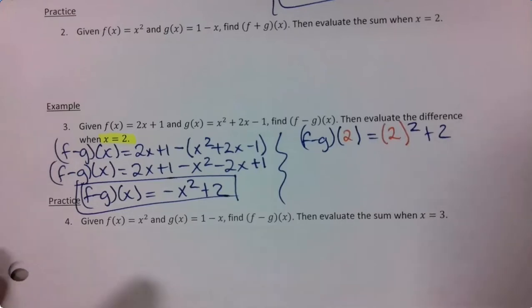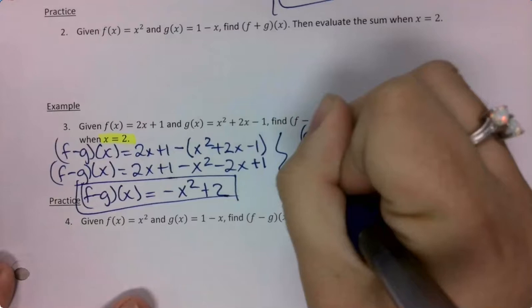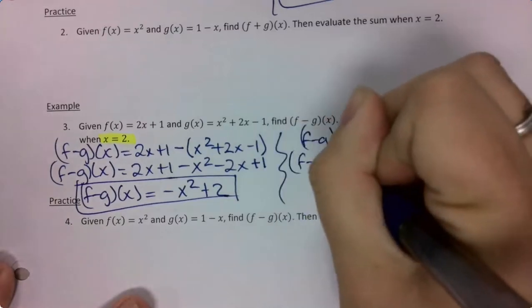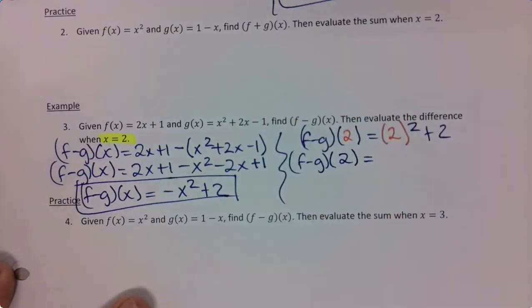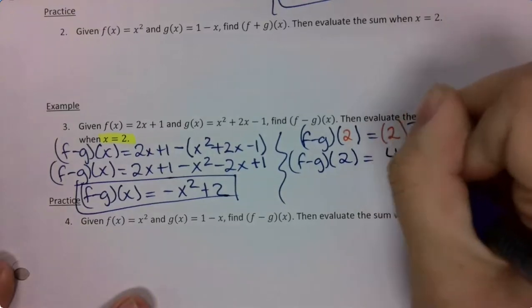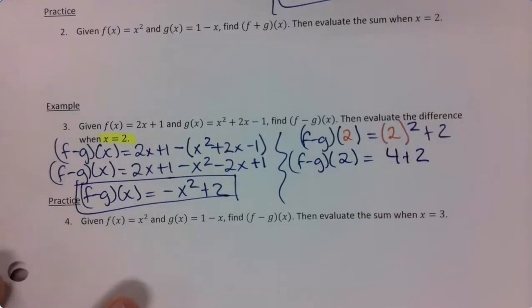I'll again do this by hand. You could type the whole right side into the calculator though. 2 squared is, and then I still have the plus 2.